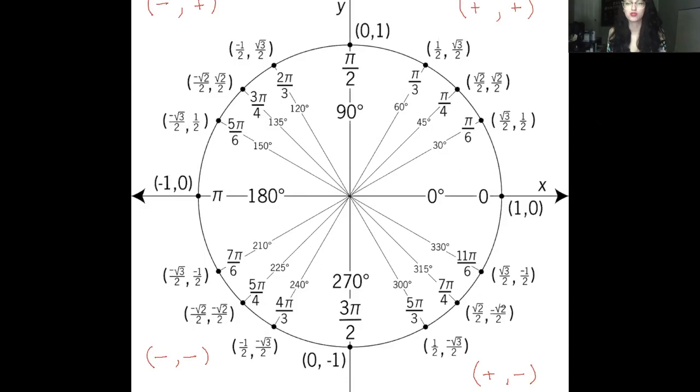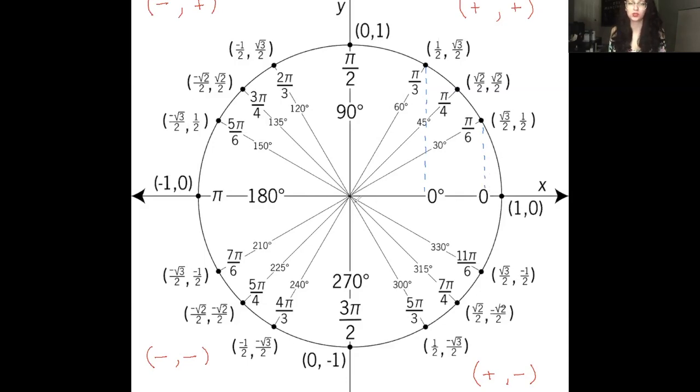Something else that I use to remember the unit circle is that pi over 4 is always root 2 over 2, root 2 over 2. And sometimes I'm trying to determine what the sine and cosine of pi over 6 and pi over 3 are. So I will bring these all the way down, and then I look at the x value.